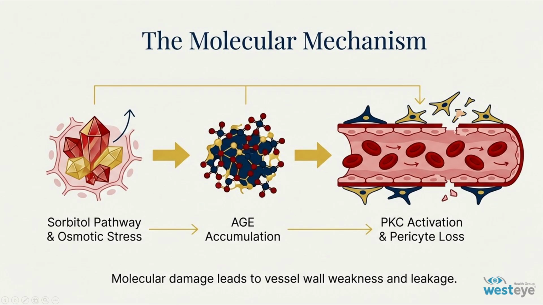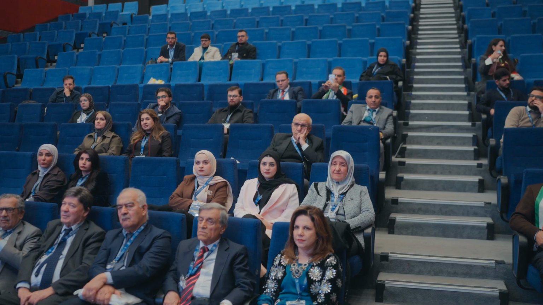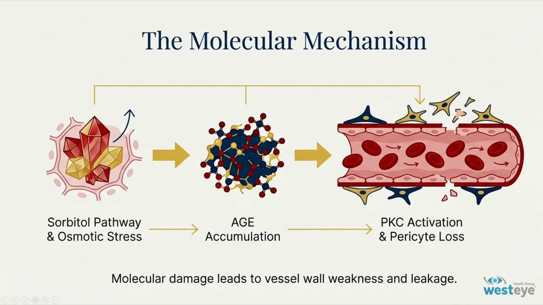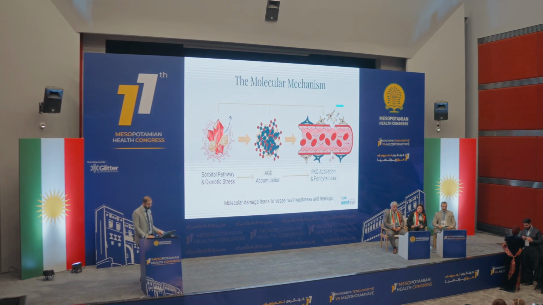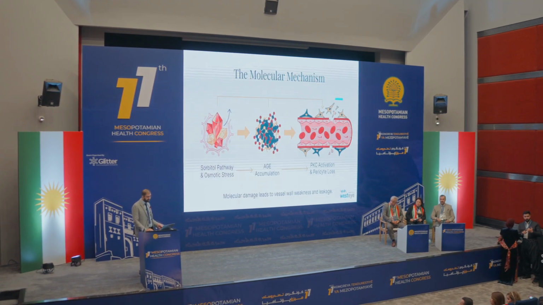And finally, it activates protein kinase C, and this one is causing our pericytes to be lost. These cells are so important because they are structurally supporting the capillaries. Without pericytes, the vessel walls weaken, leak, and they cause all the problems that we will discuss today.